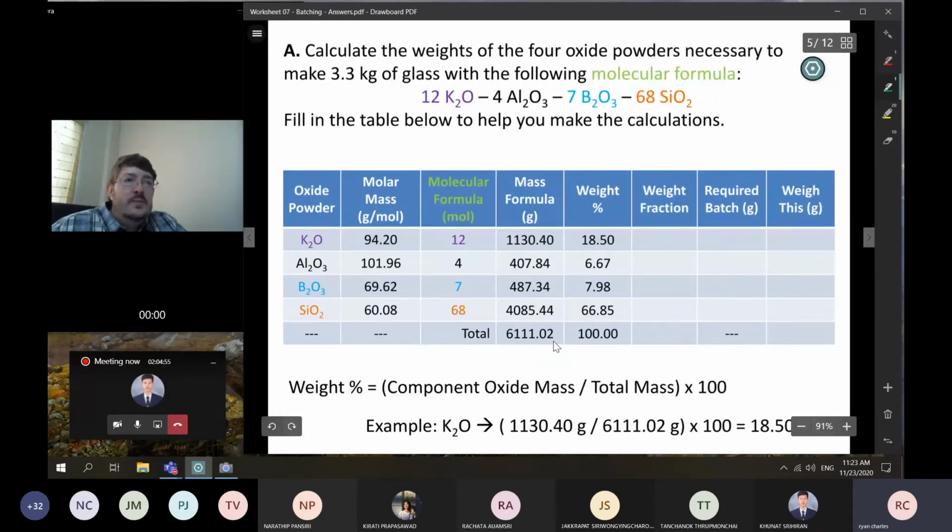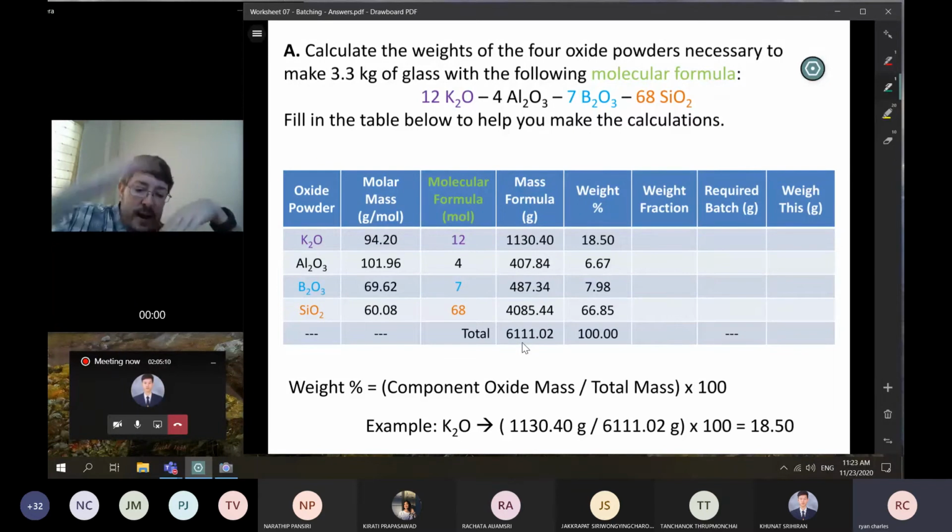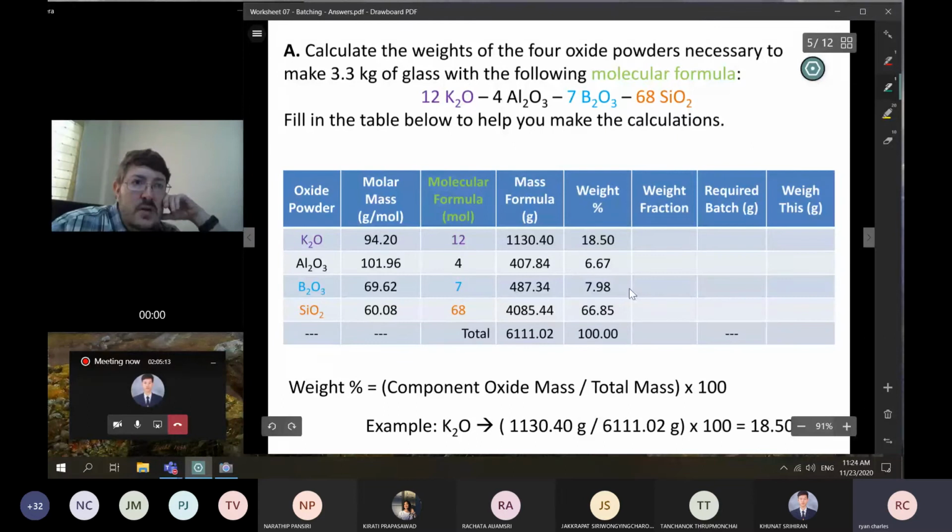Now we want the weight percent and the weight fraction. We're trying to normalize this. This is 6,000 grams. We want to normalize it to something so we could scale up or scale down. So you can normalize it to a weight percent or a weight fraction, to 100 or 1.